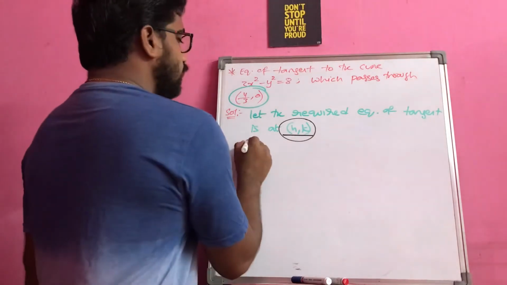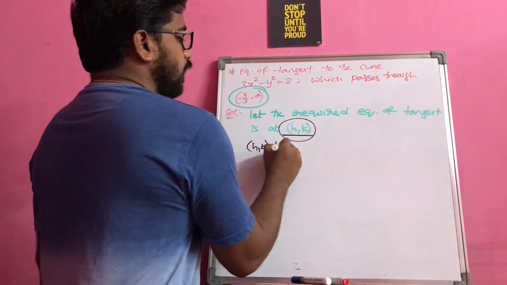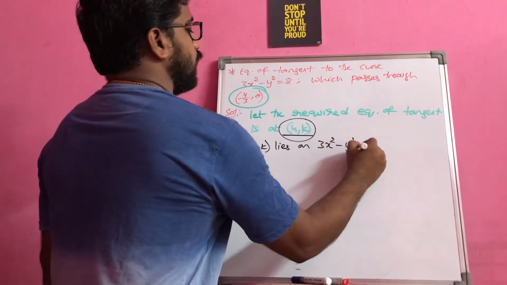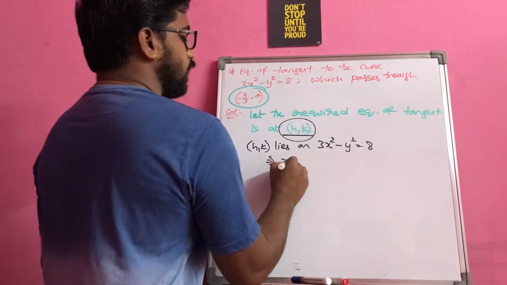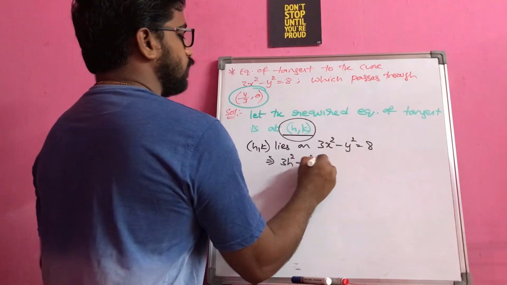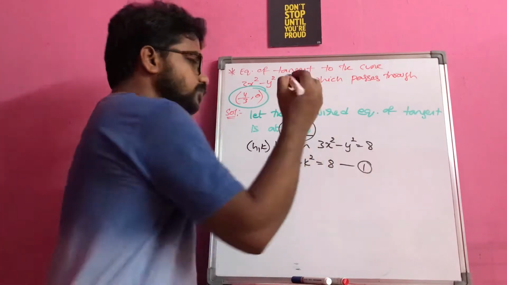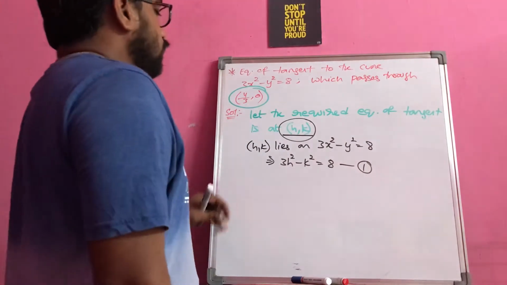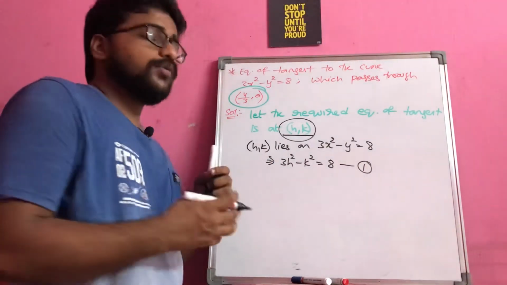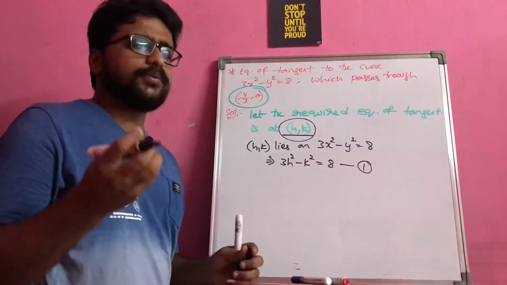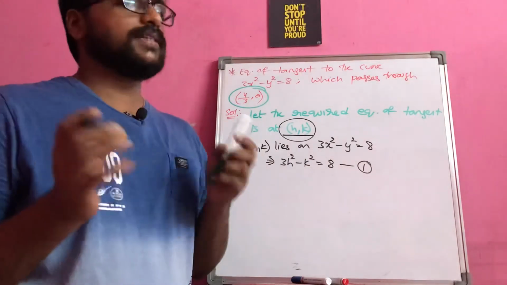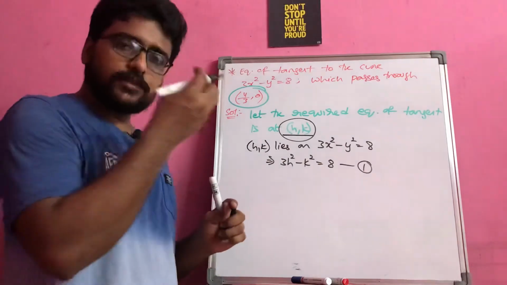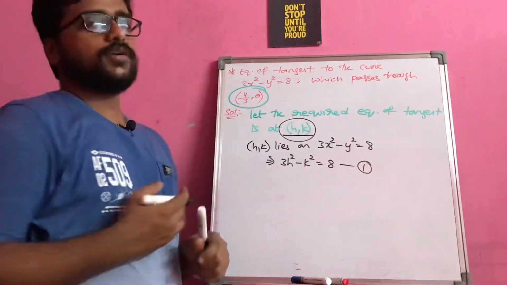So obviously (h, k) lies on 3x square minus y square is equal to 8, which implies I can substitute: 3h square minus k square is equal to 8. This is my first condition. Why do I have to write this? It is the initial condition. Simple thing, we are finding the tangent at (h, k). So what is the basic information you can get from that? First you mention that. Later we will go into the question.